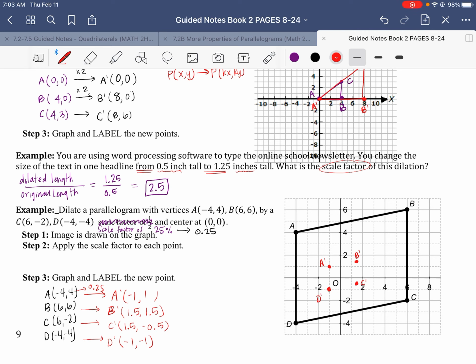Now notice when I connect these, the lines of my new image need to be parallel to the lines of my original image. So notice it's just going to be the same shape but much smaller because it's only 25% of that shape. Again, if you find that your line suddenly looked like this and it changes shape, then go back and fix the point that made it change shape. Okay?